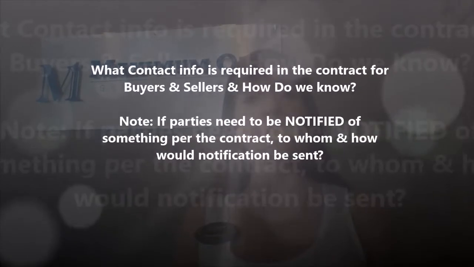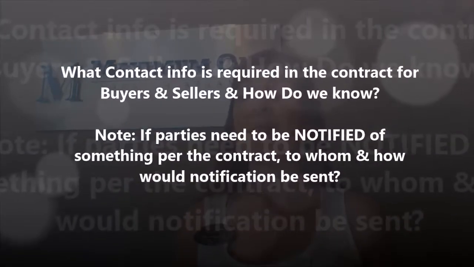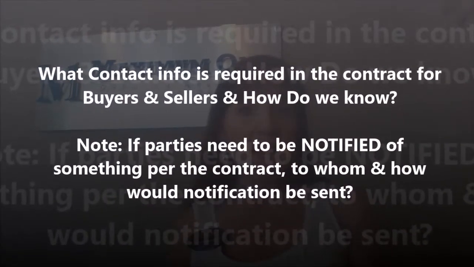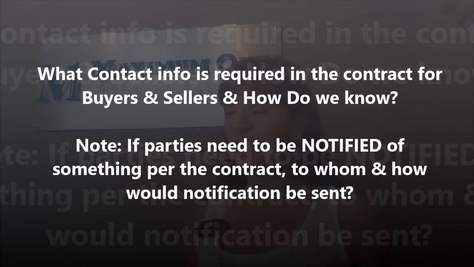So when you have a question regarding your contracts, the first place you should go is the contract itself, and let's see what the contract has to say. Today's question is, what contact information for the public buyer and the public seller is required on the signature page of a purchase and sale agreement?